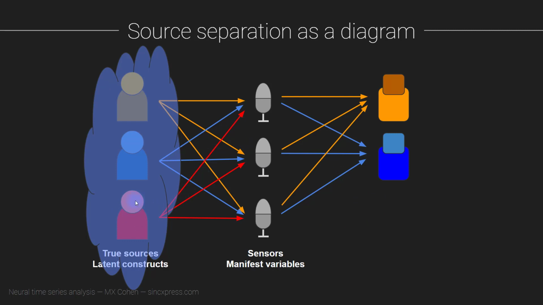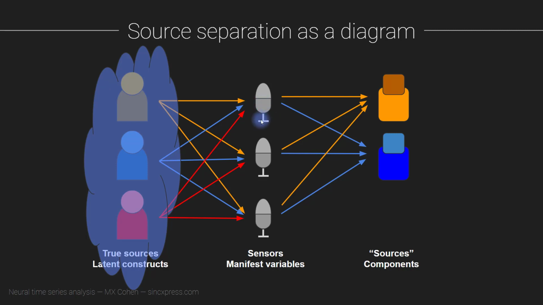We want to suppress this source so that its activity does not propagate from the sensors to the components, or sometimes these are also called sources. I put sources in quotes here because the terminology gets a little bit confusing, because these are often also called sources. So these are like recovered sources that we estimate. Okay, so I hope that this diagram makes sense.